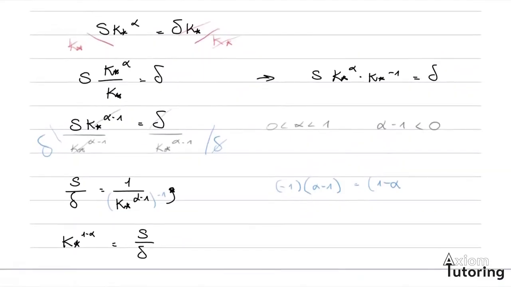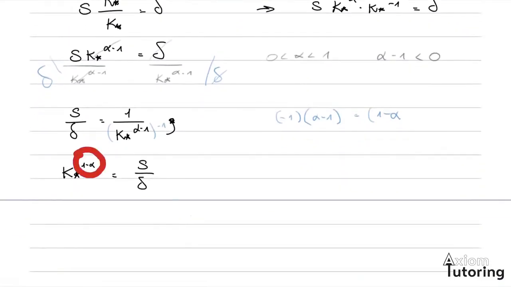And now in order to get rid of this power, we just need to multiply, or basically elevate, both sides to the power of 1 over 1 minus alpha. Why is that the case? There is a little bit of playing with the rules of indices here, but it's quite intuitive once you practice it a couple of times.